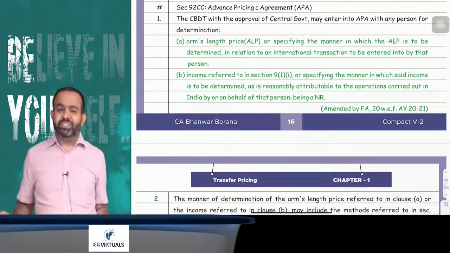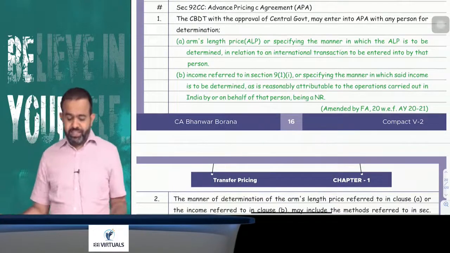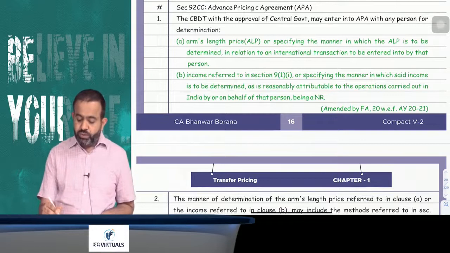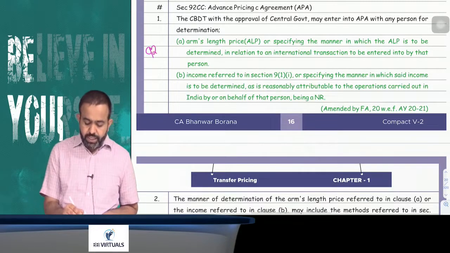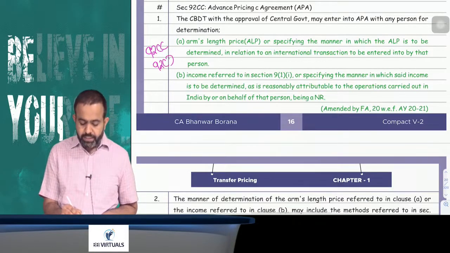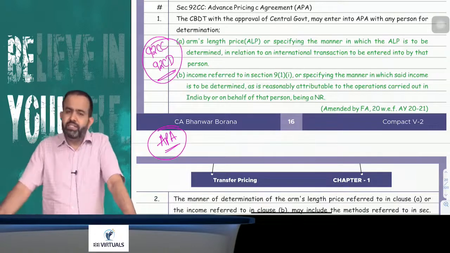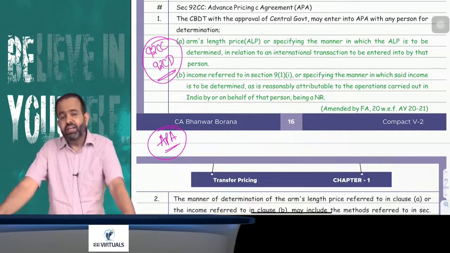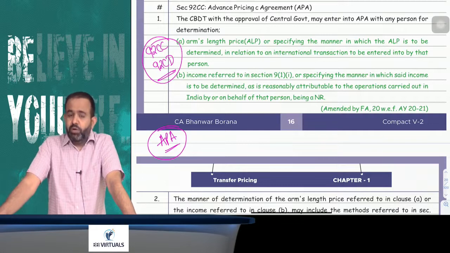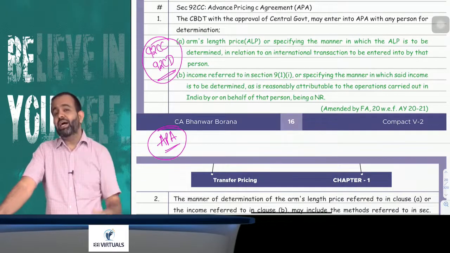Yes. Now we are going to start with one very interesting part, that is section 92CC and 92CD. These two sections are related to the APA. APA means advanced pricing agreement. So guys, you just tell me one thing. In transfer pricing, will the number of disputes be high or less?